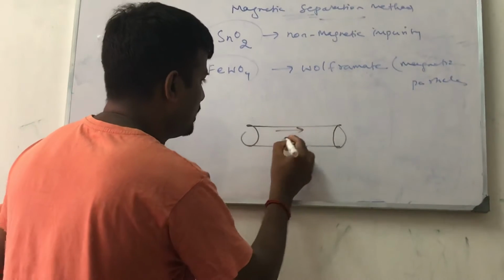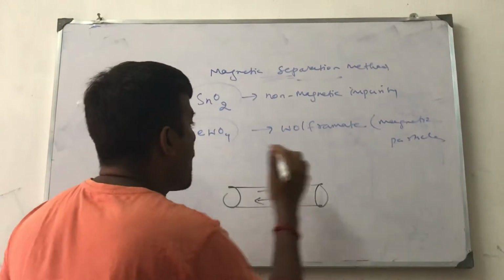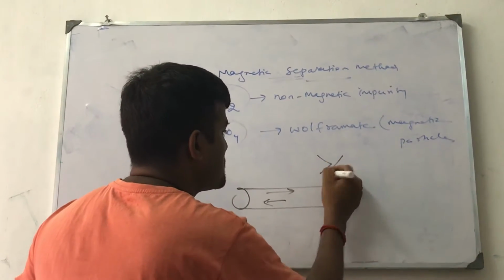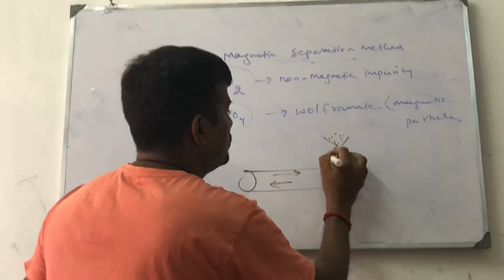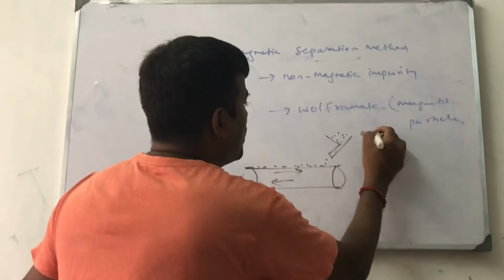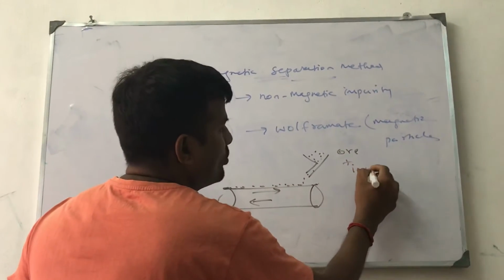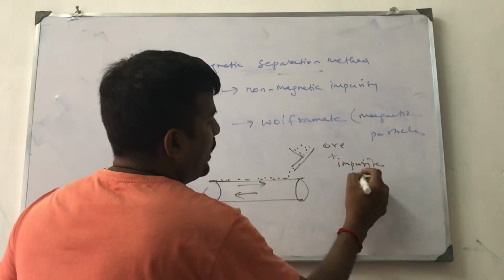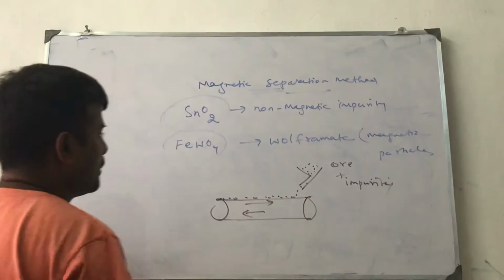This is a magnetic roller. Ore plus impurity. Magnetic and non-magnetic impurities.